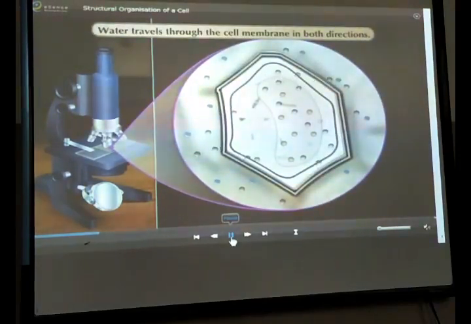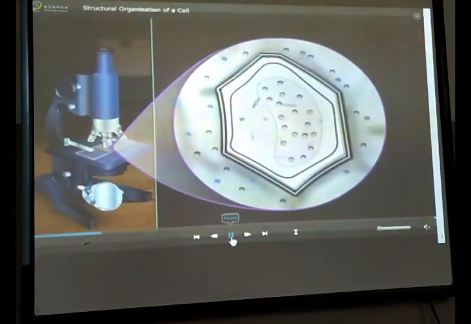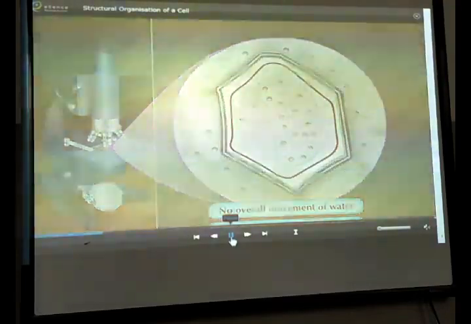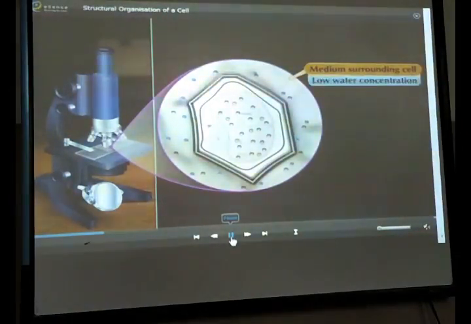Water travels through the cell membrane in both directions. The amount of water entering the cell is the same as the amount of water exiting the cell, and there is no overall movement of water. So we can understand that the process of osmosis is taking place there.